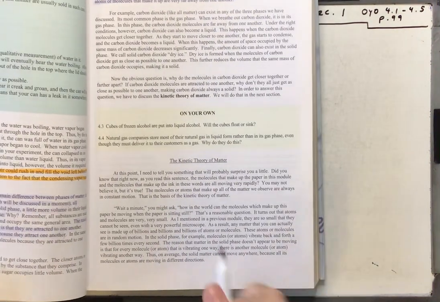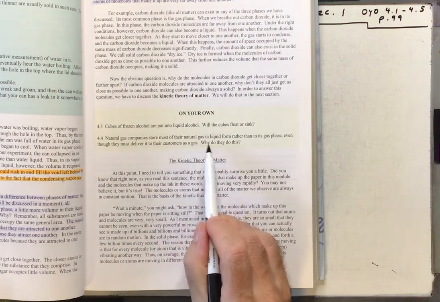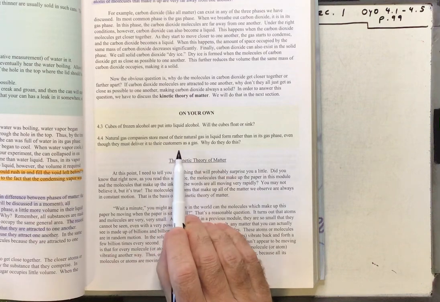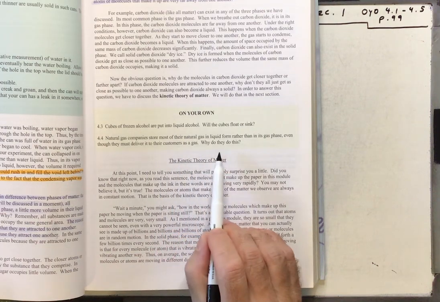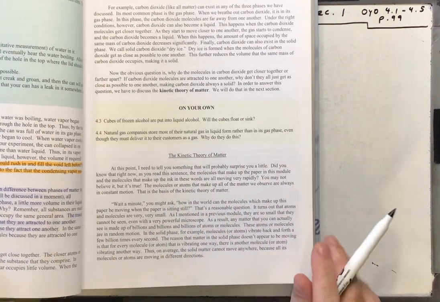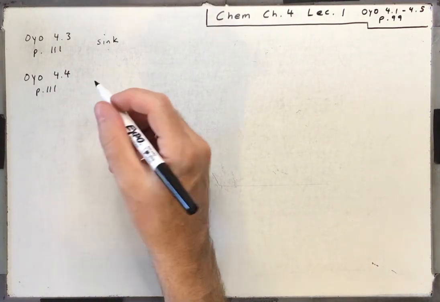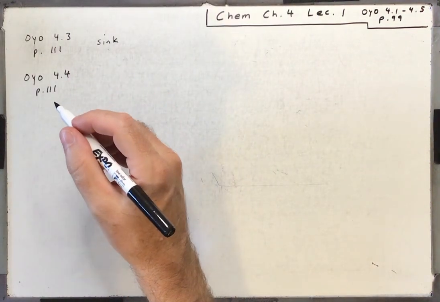That one says natural gas companies store most of their natural gas in liquid form rather than in its gas phase, even though they must deliver it to the customers as a gas. Why do they do that? Well, there's a storage issue here.